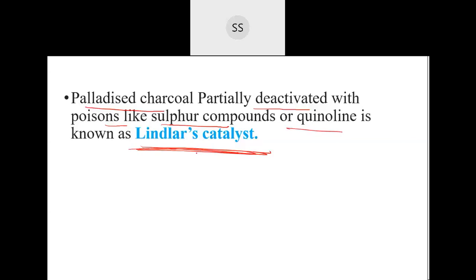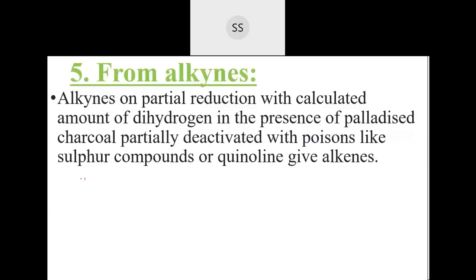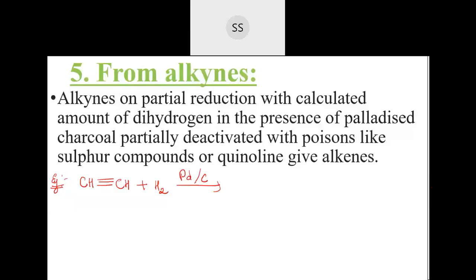So then what we are taking is directly you are taking alkyne now. I will directly take an example. This part you have already written. Okay, so alkynes, CH triple bond CH I'm taking, which is made to react with hydrogen. But you are supposed to take a calculated amount of hydrogen. Okay, a little amount of hydrogen is enough in the presence of palladized charcoal, palladium compound, which is deactivated with poison.